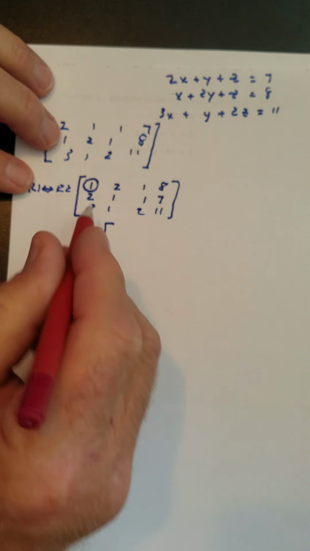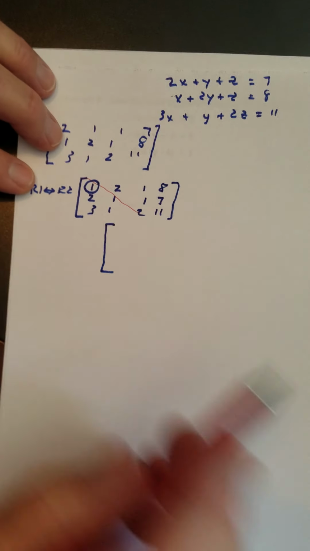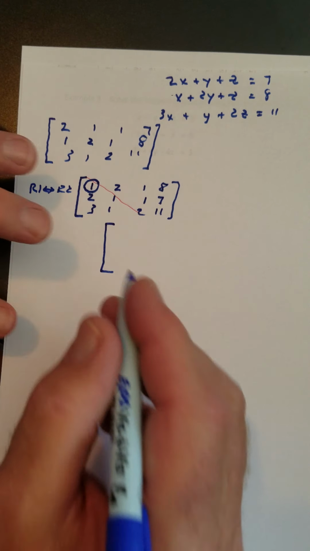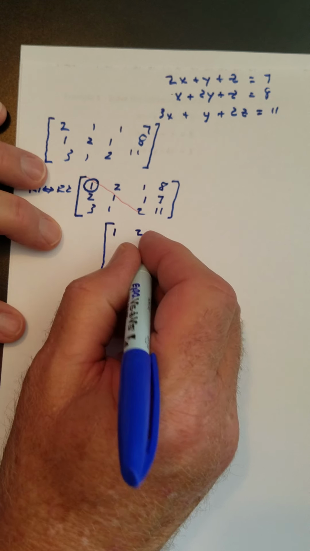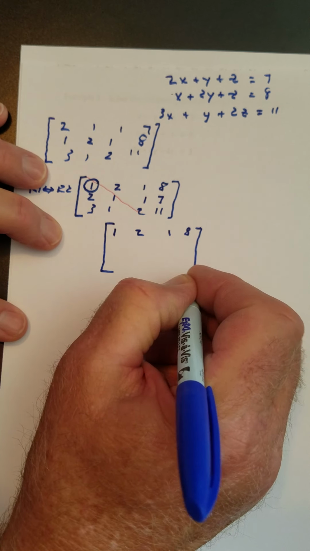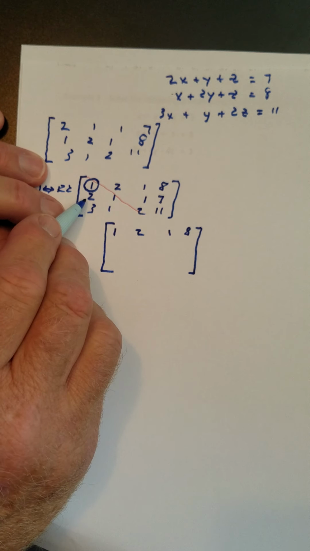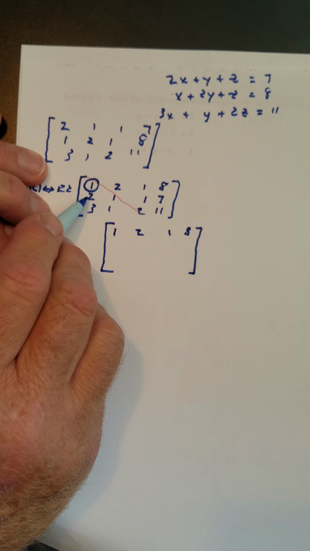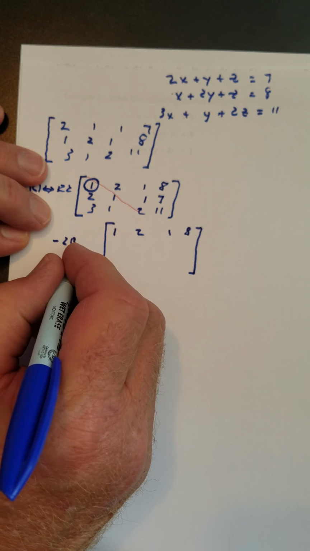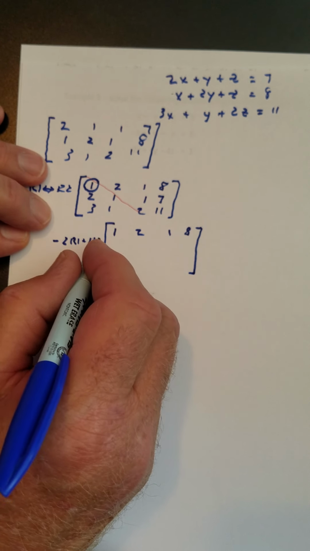So remember, we're trying to work on the diagonal. I got a 1 there. I want to get zeros where the 2 and the 3 are. Top row stays the same. To get a 0 where the 2 is, I multiply by the opposite, so that's -2 times row 1 plus row 2.